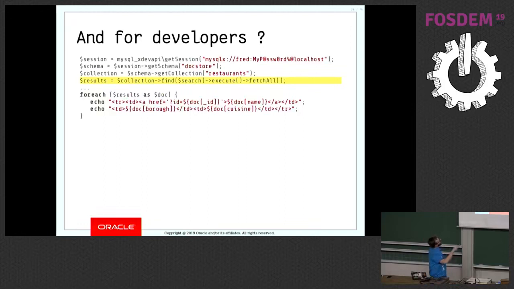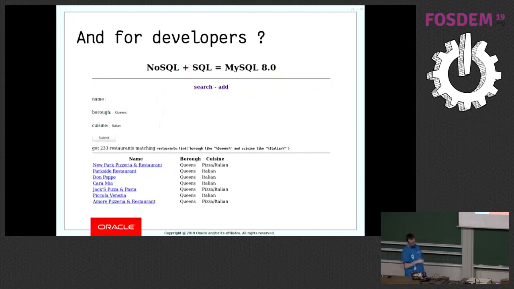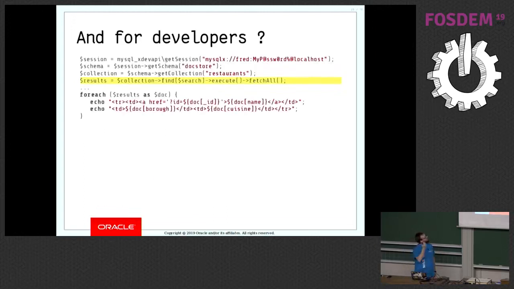Then I say, okay, I want the schema, I want to get that collection, and then I run the search I was adding here, right? And then for each result I can show them, and this is what we see here, right? So I was able to do this form, in web form, without any single line of SQL.